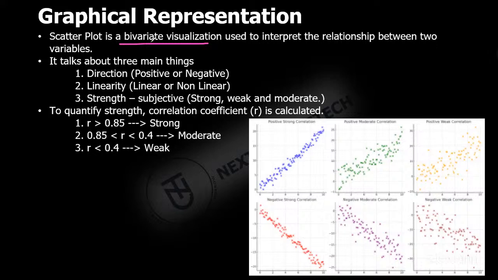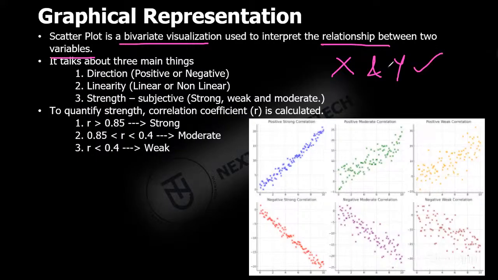The purpose of scatter plot is to understand the relationship between two variables. If there are two features, and you want to understand the relation between them, we visualize a scatter plot.